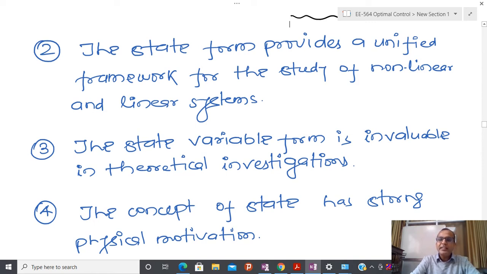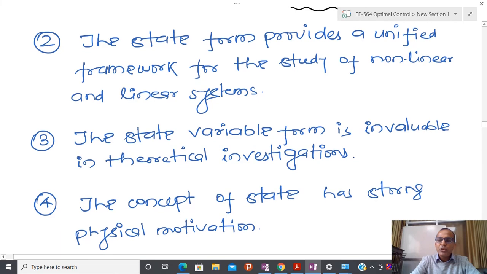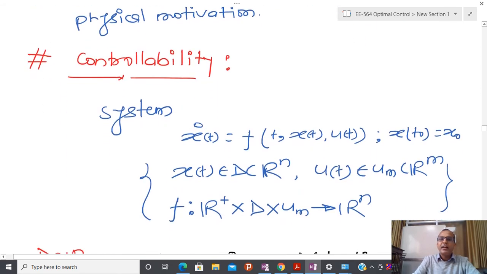And for that reason, whatever problem I consider in this particular optimal control course is expressed in terms of a state space model, either represented by a continuous differential equation or a discrete difference equation.